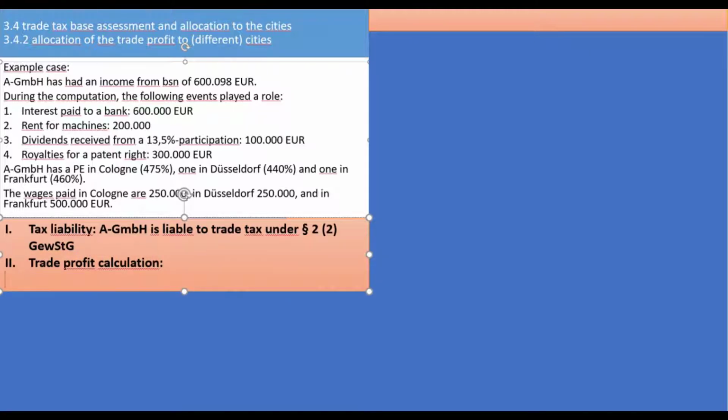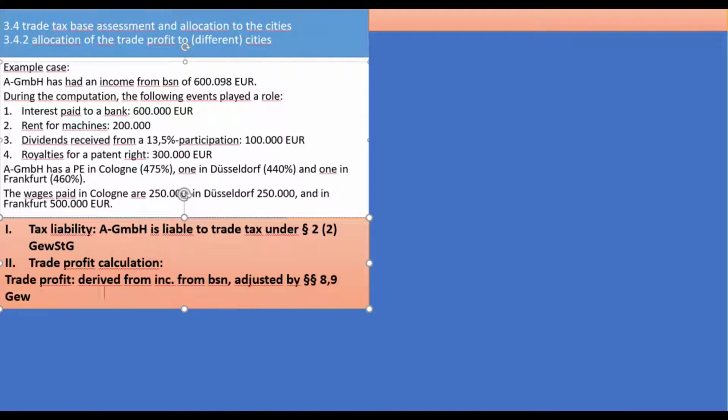Well, trade profit is derived from income from business, adjusted by paragraphs 8 and 9, the modifications laid down there. See paragraph 7, Trade Tax Act. I forgot that in my last solutions. I hope you had it. The trade tax base is to be calculated.